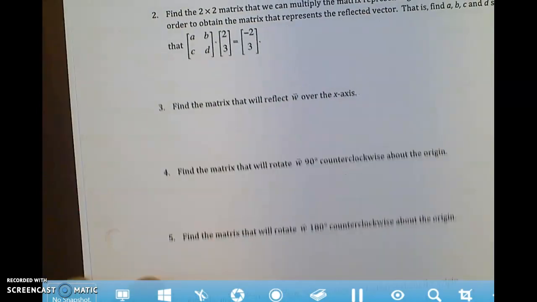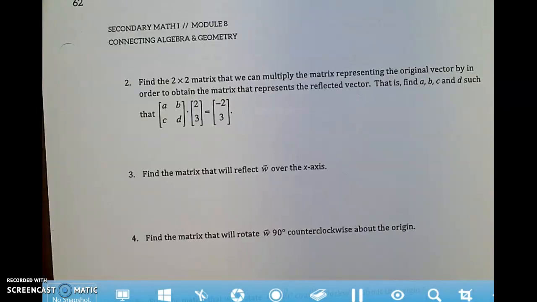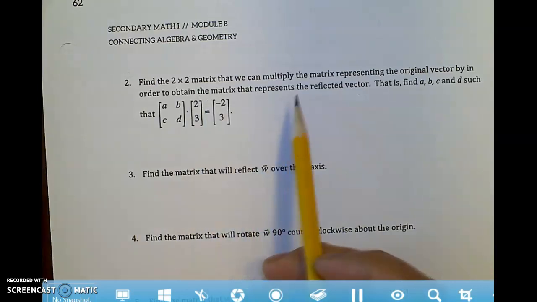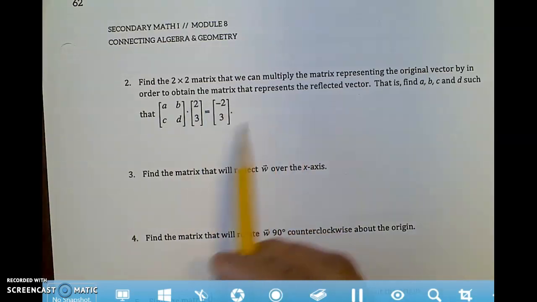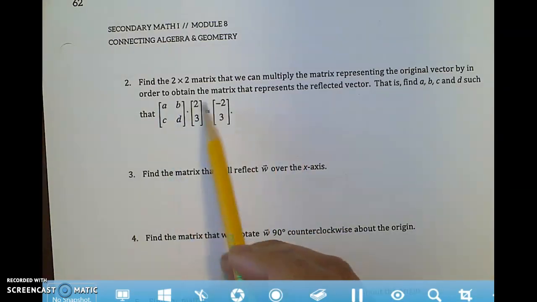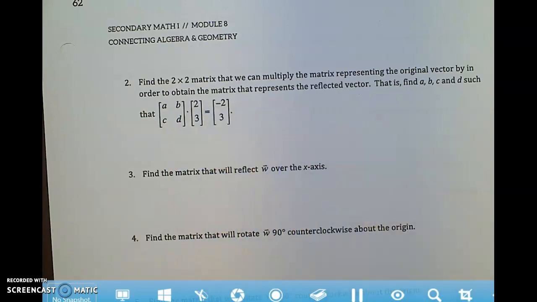Moving on to the next page, it says: find the 2 by 2 matrix that we can multiply the matrix representing the original vector by in order to obtain the matrix that represents the reflected vector.